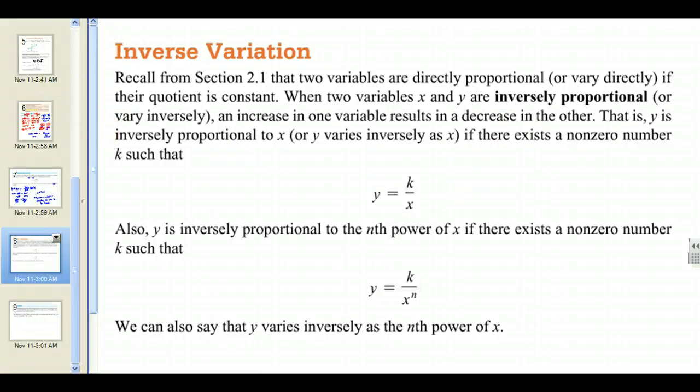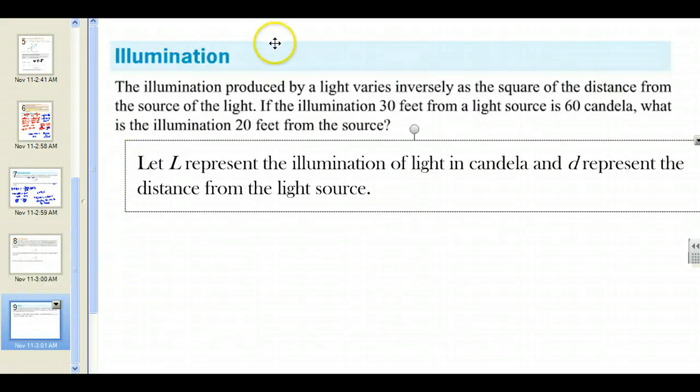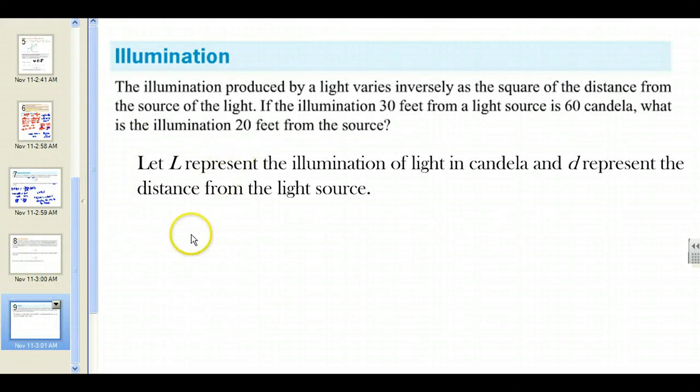So when you see something like this, it says y varies inversely as x. This one says y varies inversely as the nth power of x. Notice both of them have this k multiplier. That's what we call the constant of variation. Now that's in this section because you end up with rational expressions when you have inverse variation.